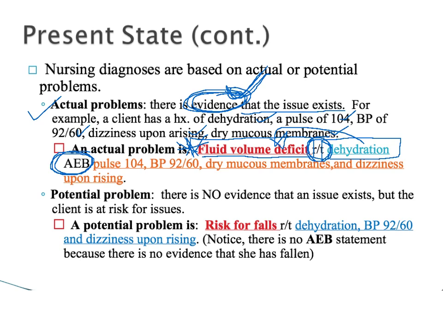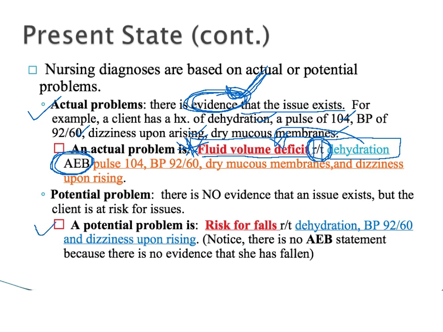So you'll just write down the evidence that supports your nursing diagnosis of fluid volume deficit. And the patient could have 20 pieces of evidence to support the fluid volume deficit, but it's okay in the nursing diagnosis to choose the top 3 or the top 5. Okay, you just prioritize your evidence and write down the top 3 or the top 5. That's an actual nursing diagnosis.